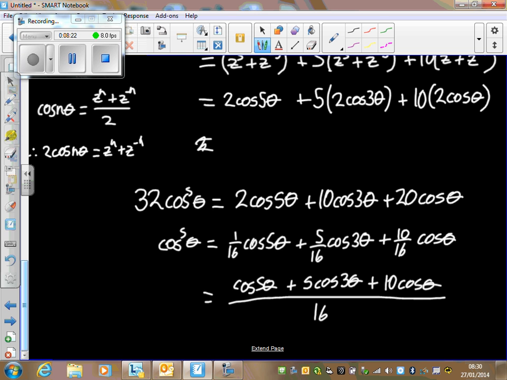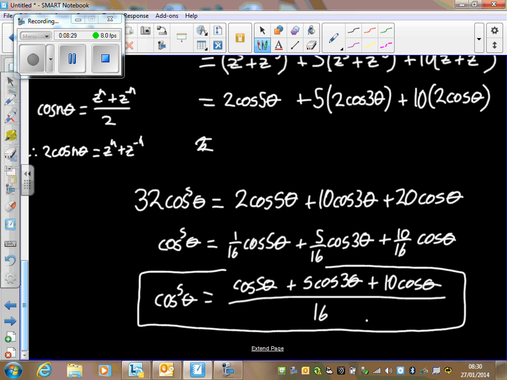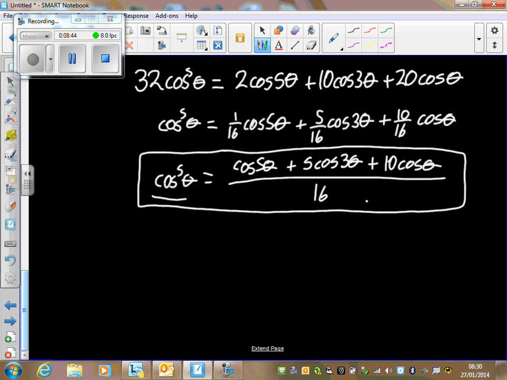Cos 5 theta plus 5 cos 3 theta plus 10 cos theta all over 16. And there we have it. Okay, we've expressed cos to the power of 5 in terms of multiple angles.